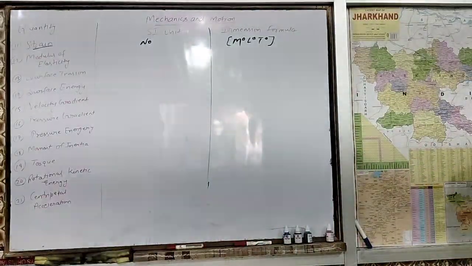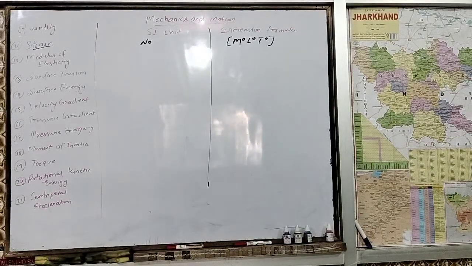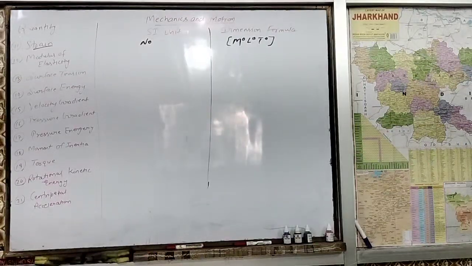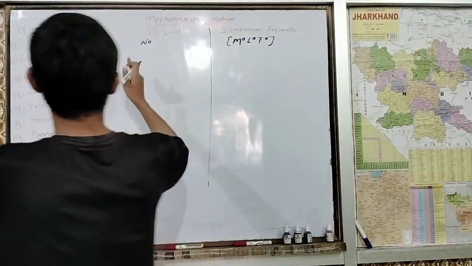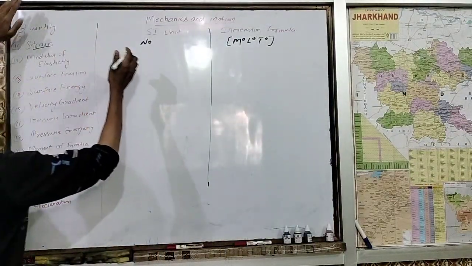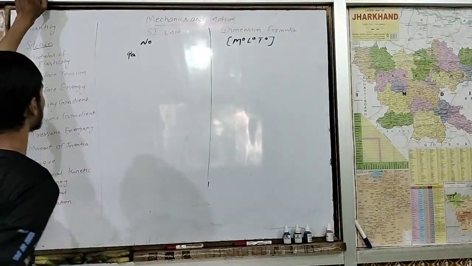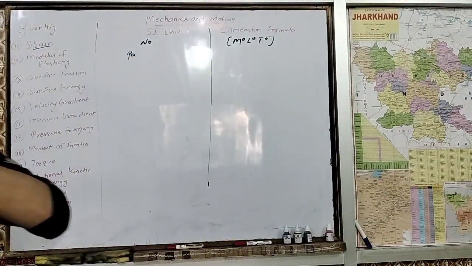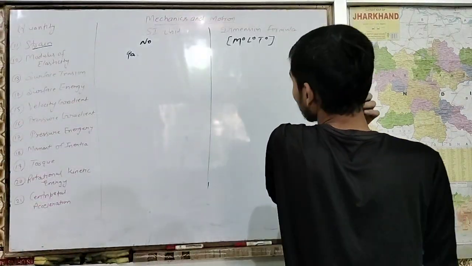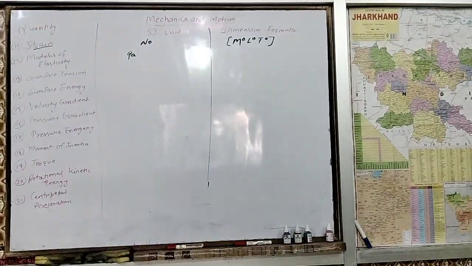Still, next we have modulus of elasticity. Elasticity is a part of mechanics. What should the unit be? For modulus of elasticity it is Pascal. The SI unit for this modulus of elasticity is Pascal, and we have the same dimension formula as for Pascal, but again we are going to write it.